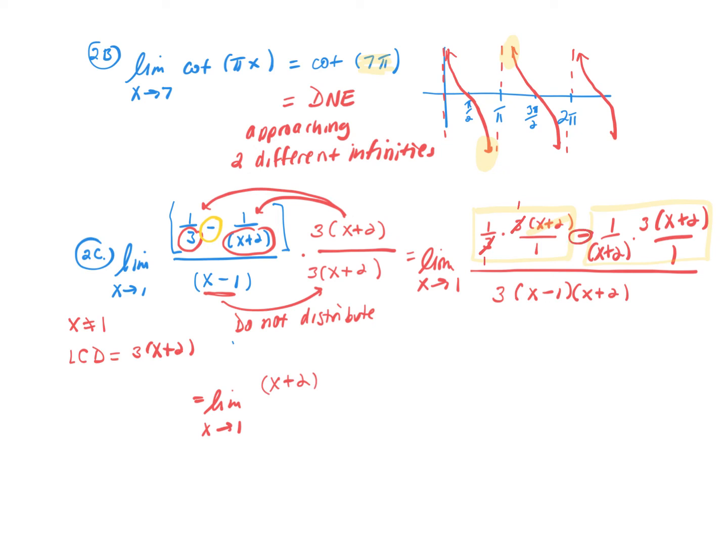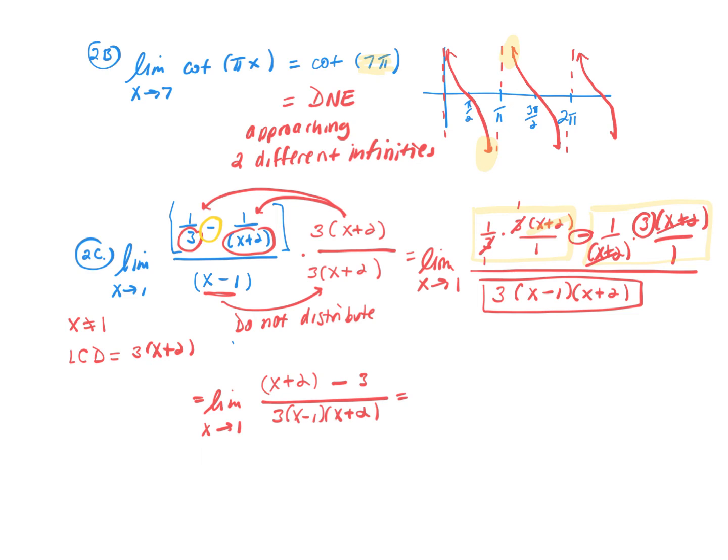Okay, minus. Over here, the x plus 2's are what divide, and we're left with a 3, so minus 3, all over this denominator, 3 times x minus 1 times x plus 2.